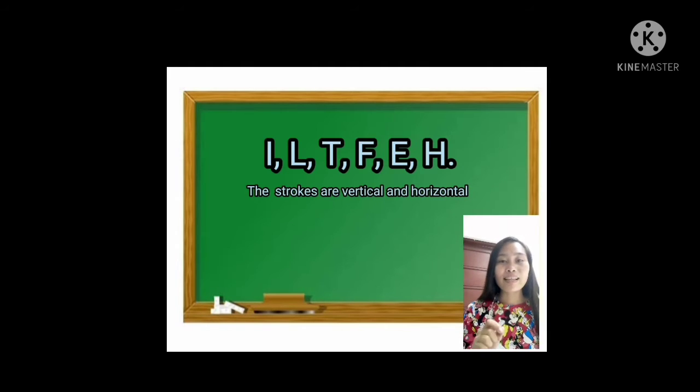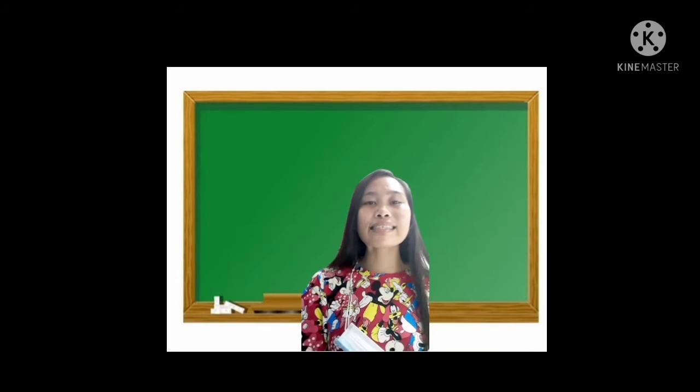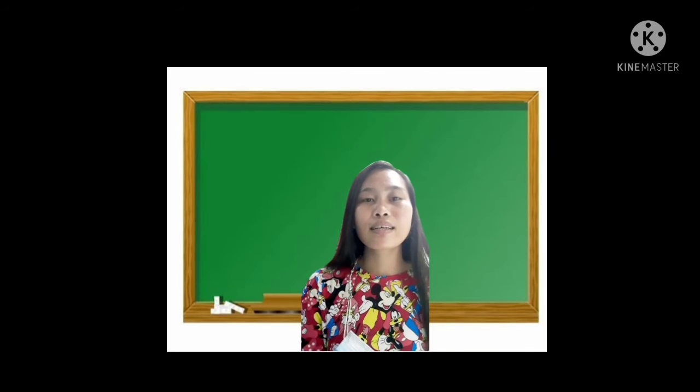Vertical or horizontal only is what they use. Practice making these letters according to the model. All of your letters are made up of strokes. So practice the strokes over and over again until they're consistent, because the more consistent your strokes, the more consistent your letters. Okay, we proceed.